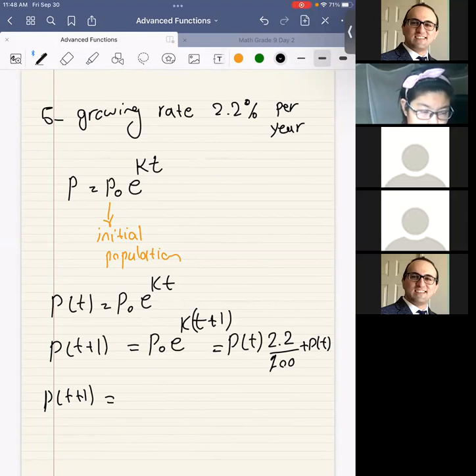But according to the last equation, I want to write P of T plus 1 in terms of P of T. So this is equal to P of T times 1 plus 2.2%. 2.2% is 0.022.